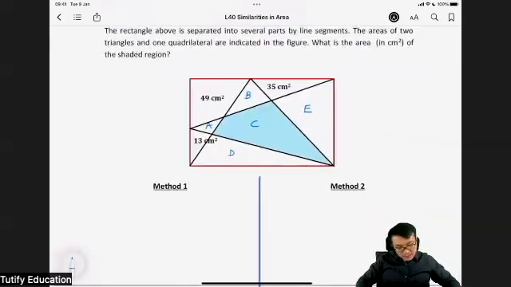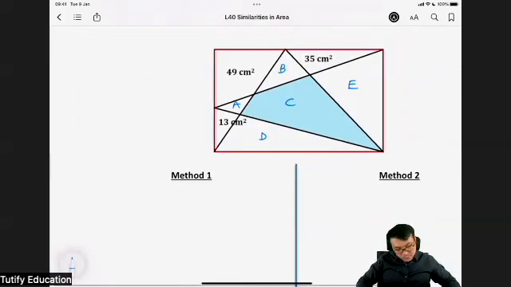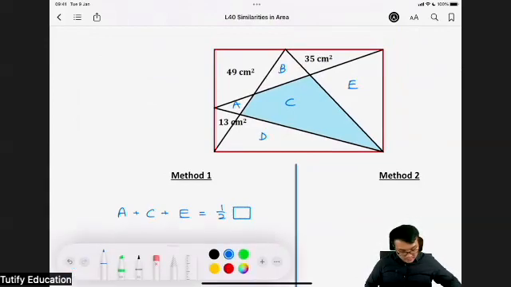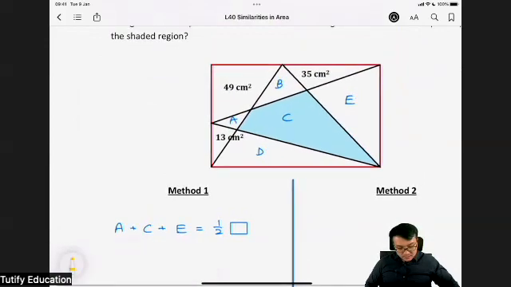Now, Jinsen, do you agree that if I take A plus C plus E, it is a triangle which is inside a rectangle, right? Yeah. So shouldn't it be half of the rectangle? Yes. Okay, correct. Now, I would like you to look at this part here.